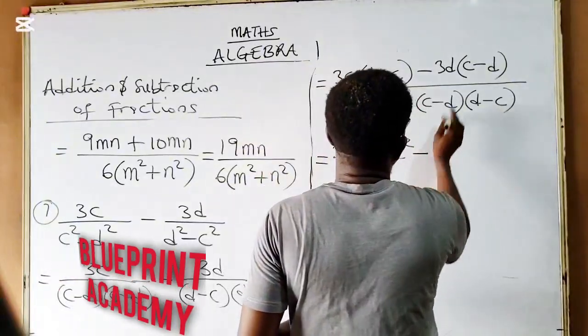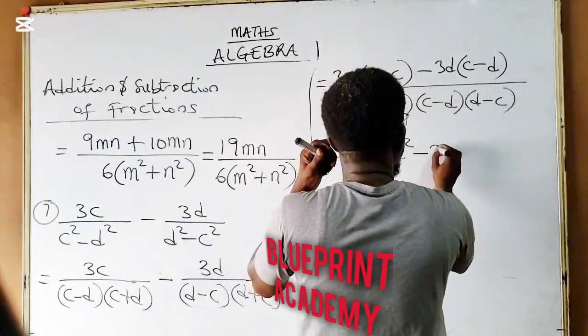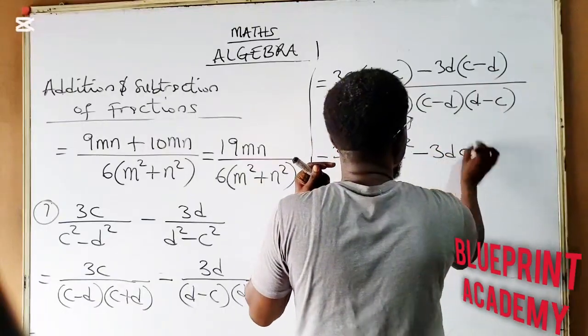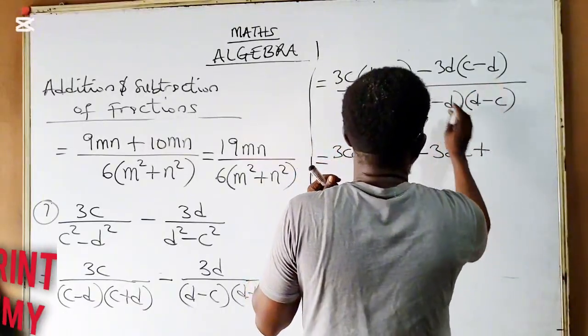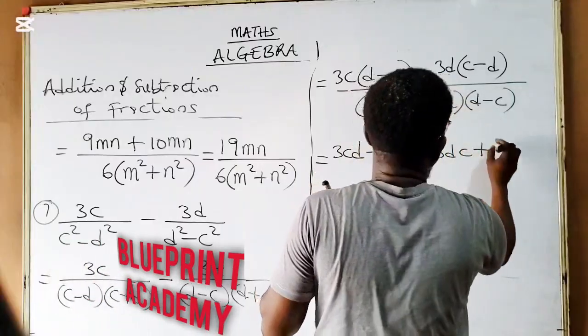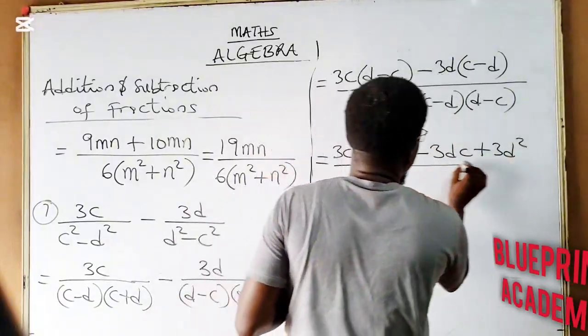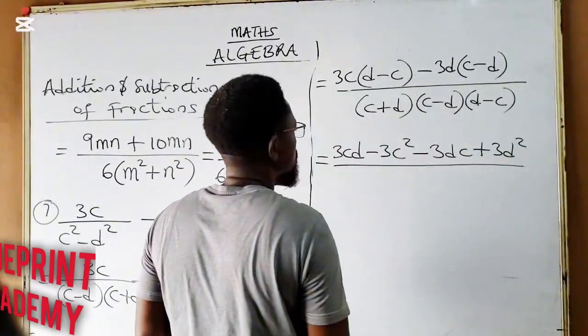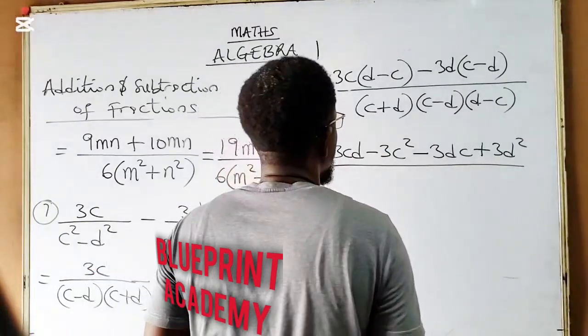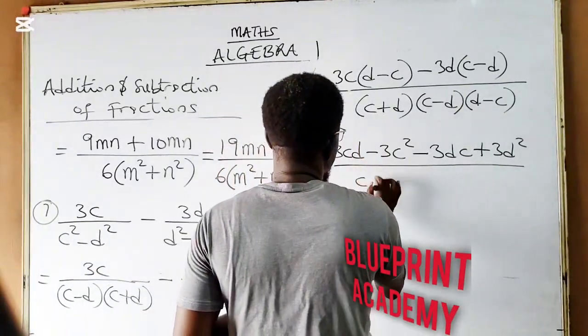Then we have minus this multiplying this: you have 3dc. Minus minus is plus. Then you have 3d squared. Then for the denominator, we have c plus d.